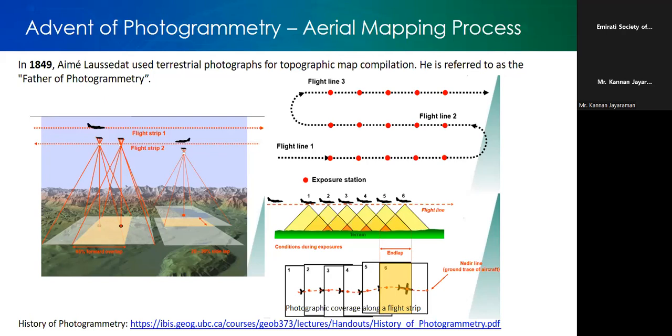We are going to see something like 3D modeling of aerial photographs, like a stereo image, how we are going to take a 3D model, how we are going to create a stereo image, and what data we can extract from these images. So the technology has grown for aerial photographs.